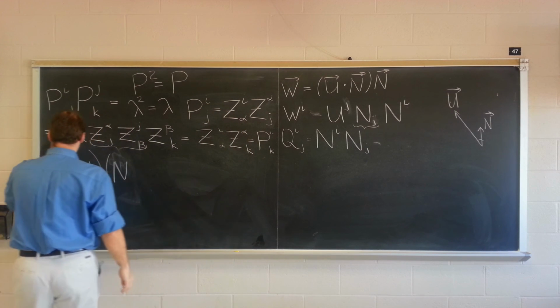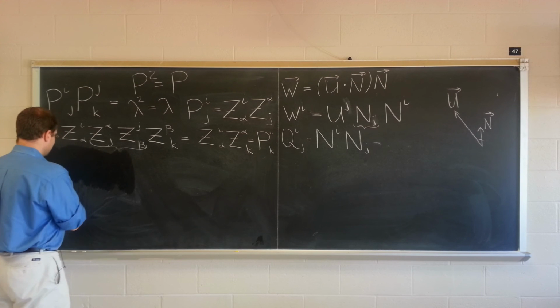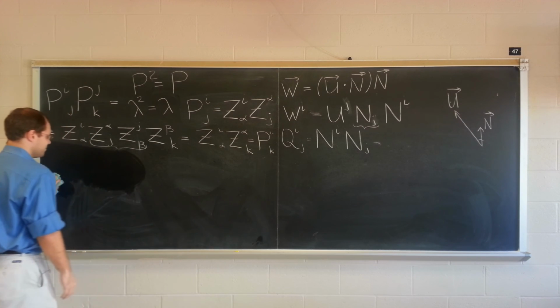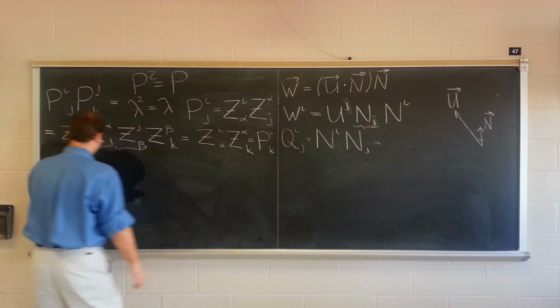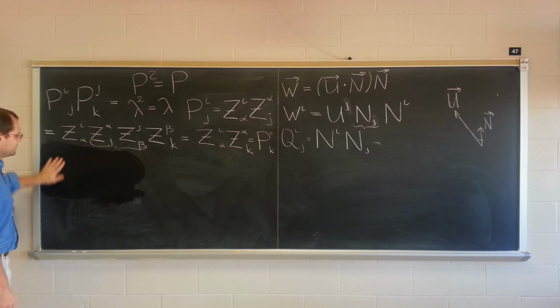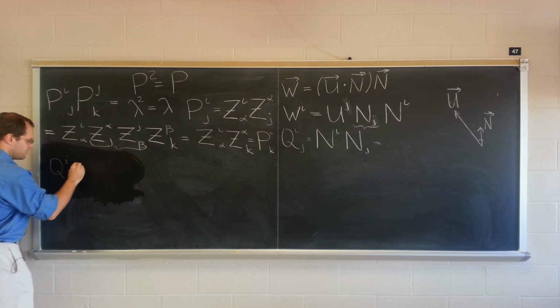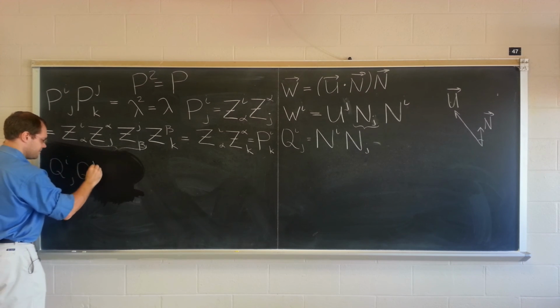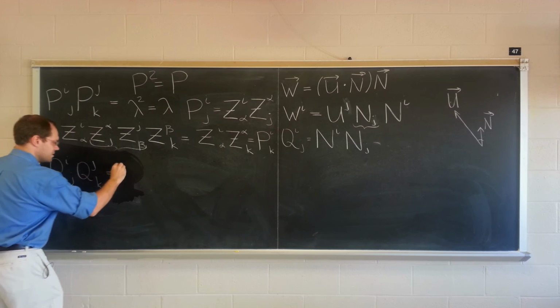So let's think about Q_ij Q_jk. Maybe as I'm erasing, most of you can already see what's going to happen. Something very similar to this. So Q_ij, Q_jk. Such an elegant letter Q. I'm not sure why I hesitated.